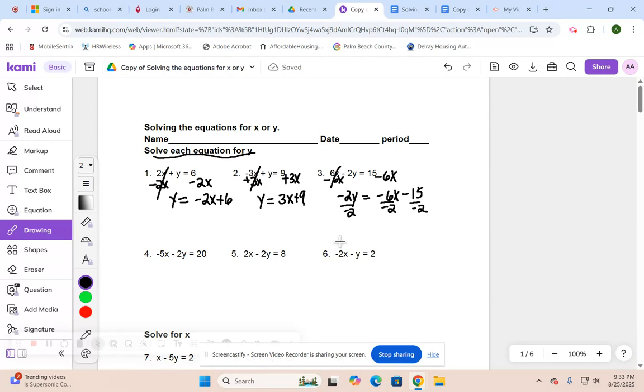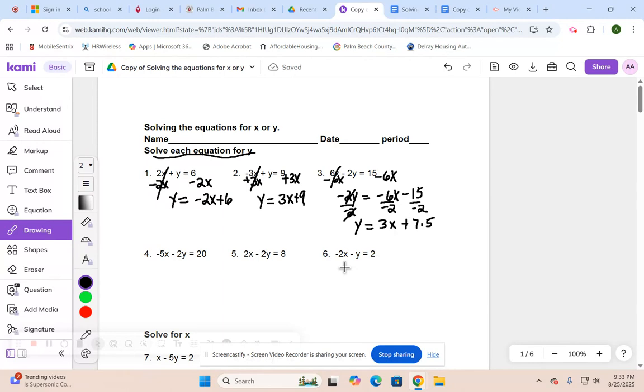Whatever you do to one thing, you have to do to all. All right, so the negative 2's will cancel. We'll end up with just y here equals 3x. And negative 15 divided by negative 2 is going to give us positive 7.5.